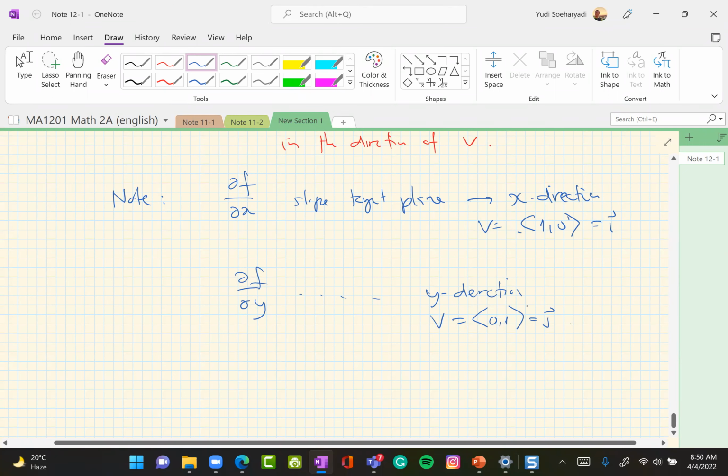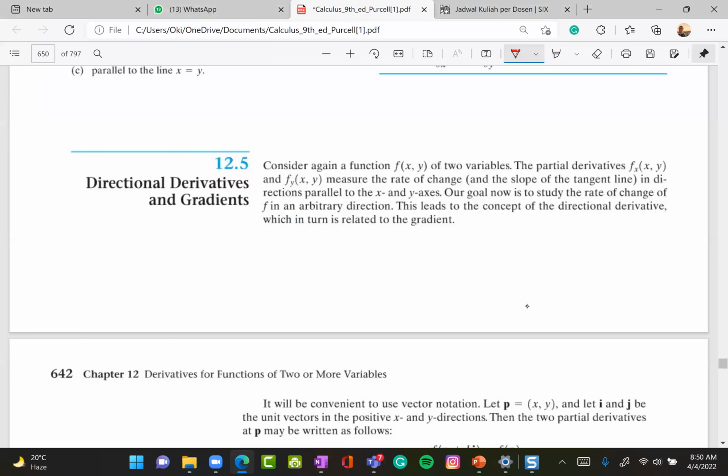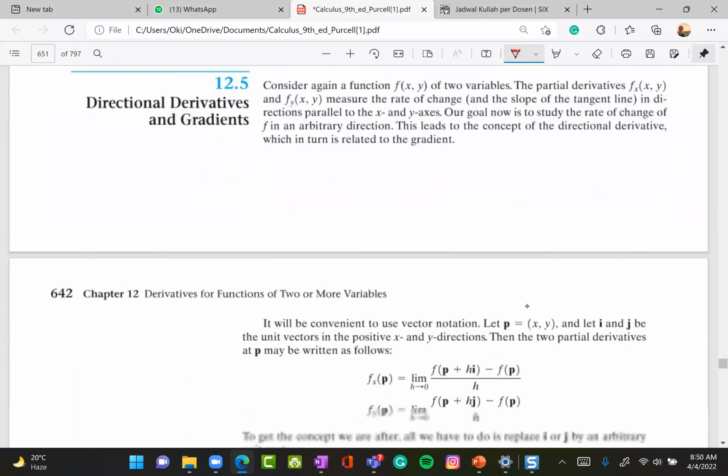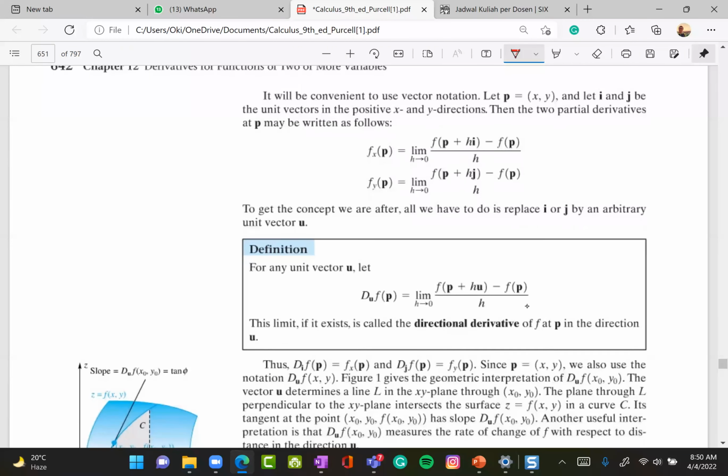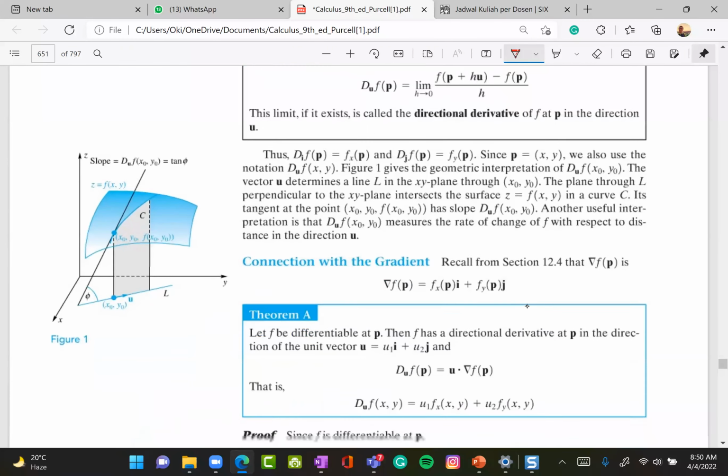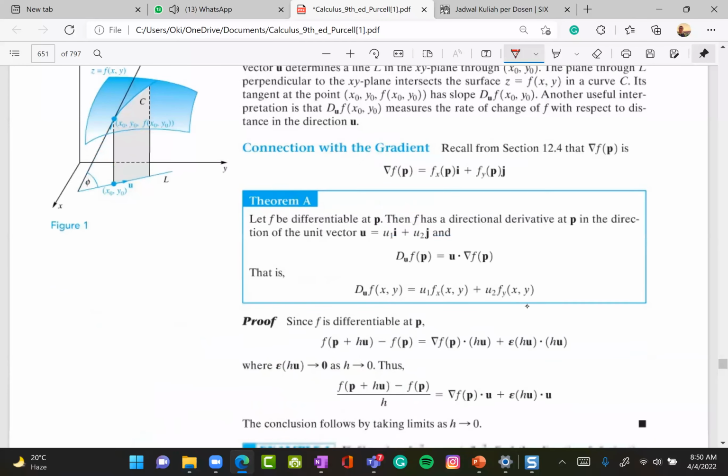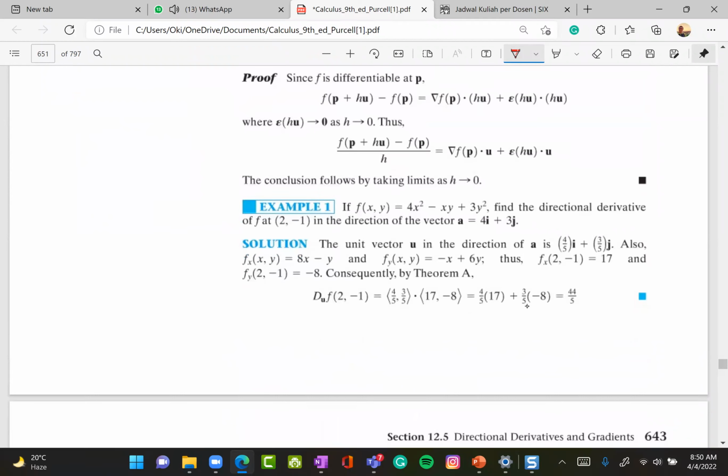Just one example. Now let's pick up, okay, just point out here. We're given an f here: 4x squared minus xy plus 3y squared. Find the directional derivative of f at this point, (2, -1), in the direction of this vector a.